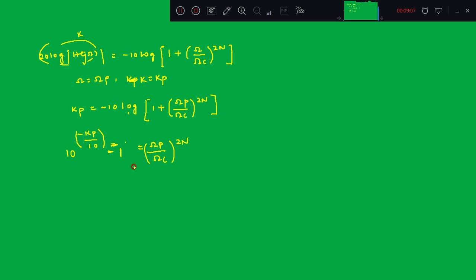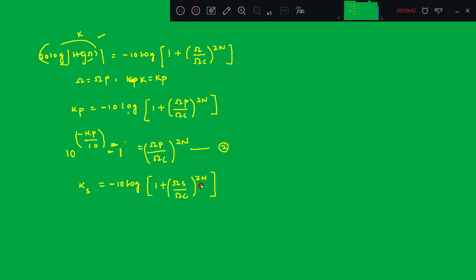This is considered as equation number 2. Similarly, we will apply the second specification. For ω equal to ωs, what is the value of k? K is nothing but ks. So this becomes ks equal to minus 10 log of 1 plus (ωs/ωc) raised to 2n.